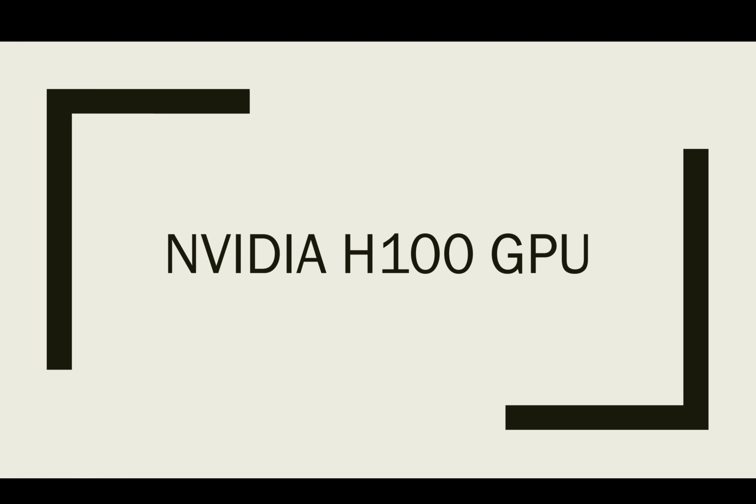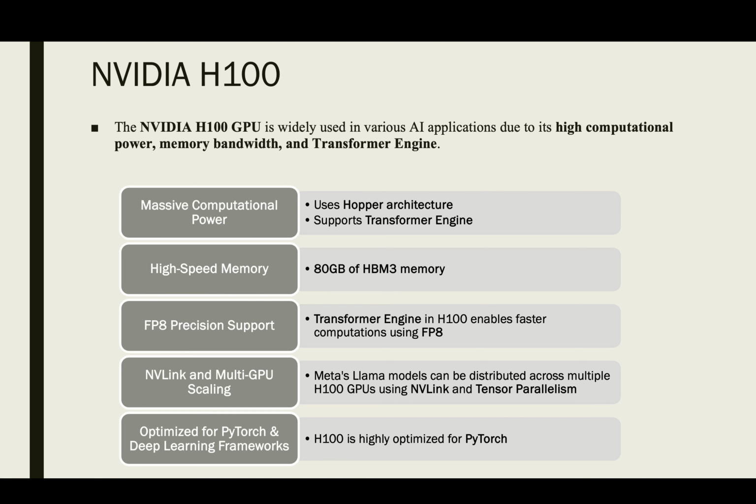Today, I will be talking about the NVIDIA H100 GPU. Here, I will be covering how exactly the NVIDIA H100 GPU is widely used in various AI applications, due to its high computational power, memory bandwidth, and transformer engine.